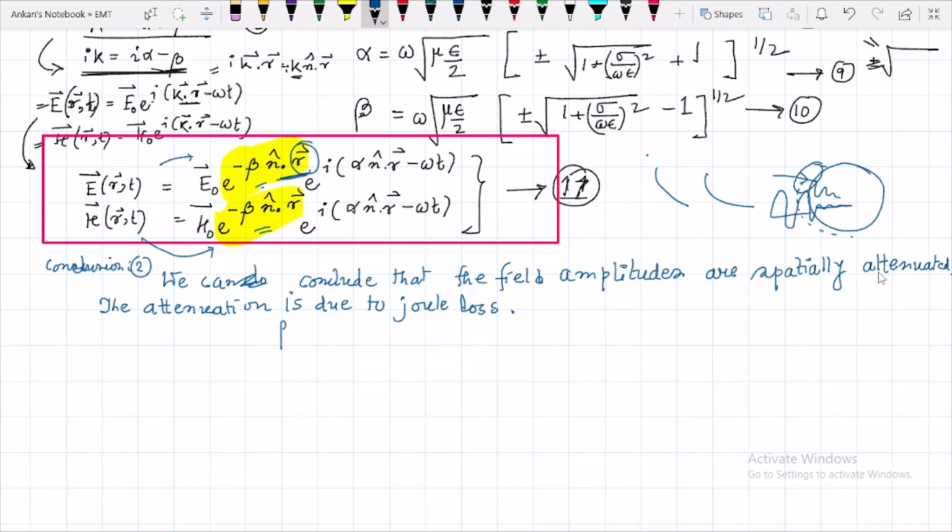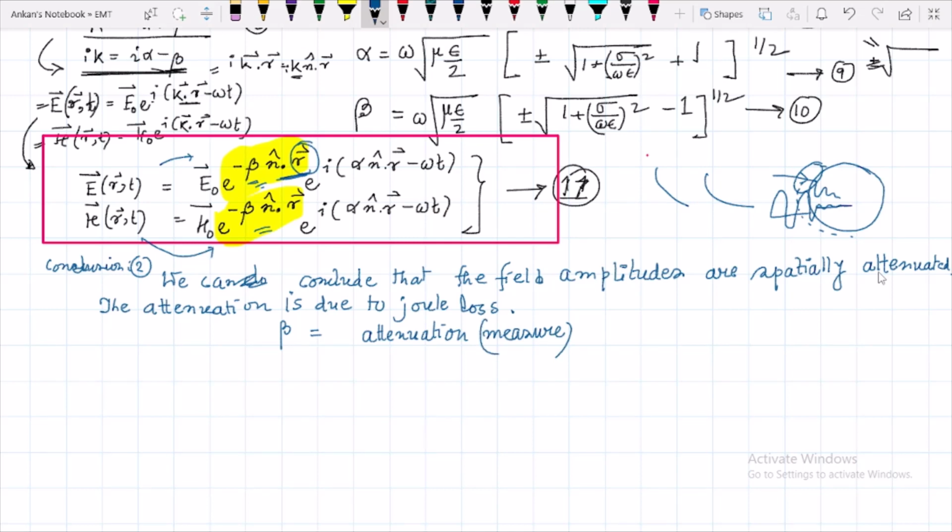The quantity beta is called the measure of attenuation, because this term gives the factor on which it attenuates.